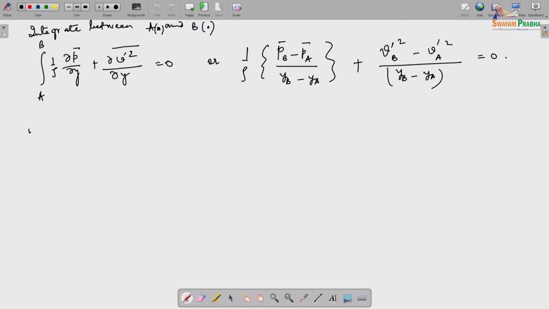So PB we can write as this. Now, this point B is far away from the jet, so here the turbulence is negligible or almost 0.